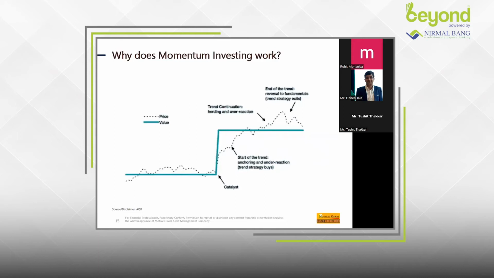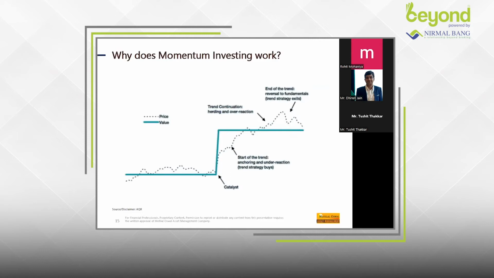You see your friends investing in the same set, you see a lot of investors, you see a lot of articles being written on Moneycontrol, lots of people talking about it on financial news sites and everywhere. And then there's this herding behavior, people overreact to that particular trend, after which the trend starts reversing, and just as the trend starts reversing, the momentum strategy sells that particular stock.